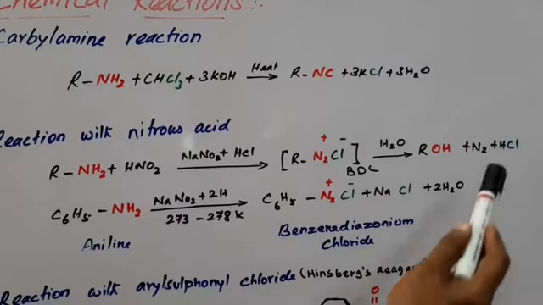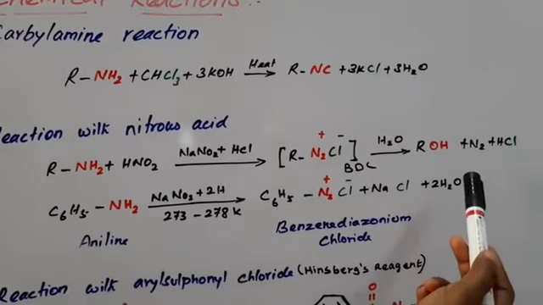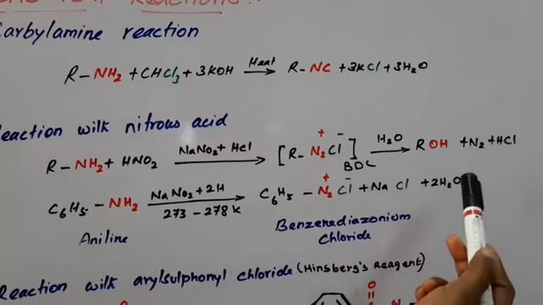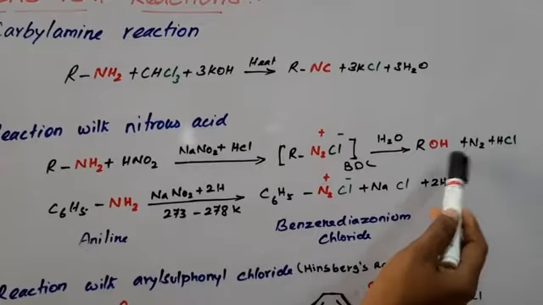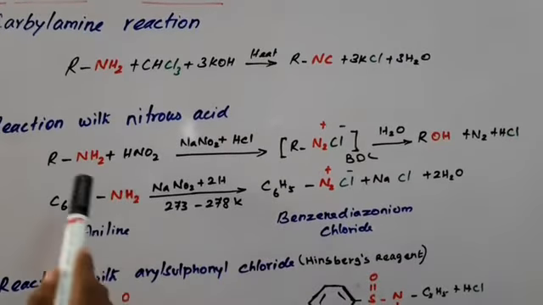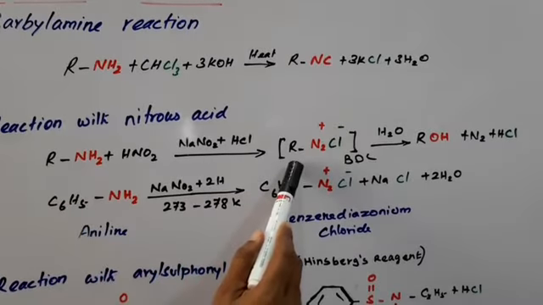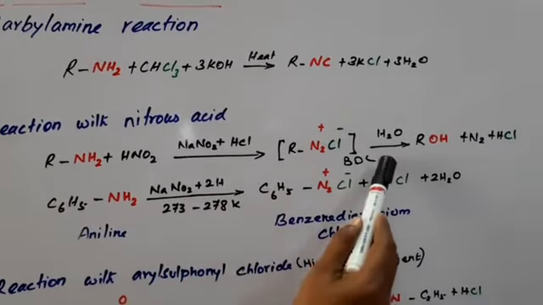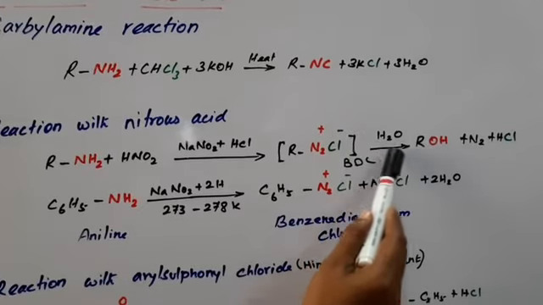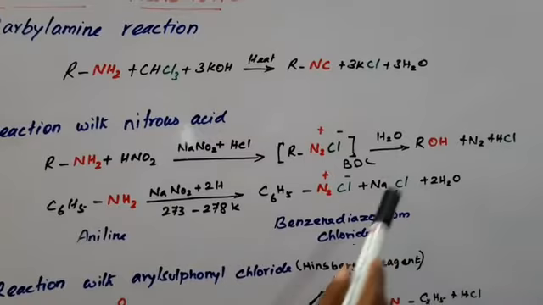This nitrogen liberation is used in many ways, for example in estimation of proteins. So primary amine with the nitrating mixture forms alkyl diazonium chloride, which is hydrolyzed to form alcohol plus nitrogen gas and HCl.